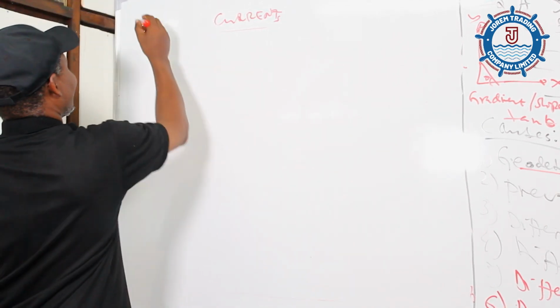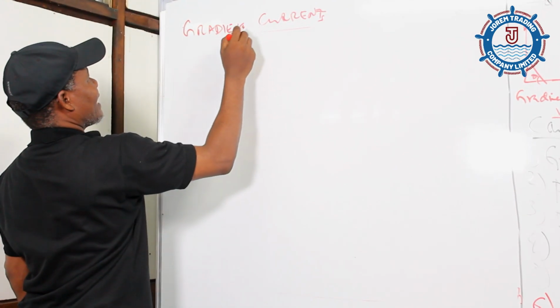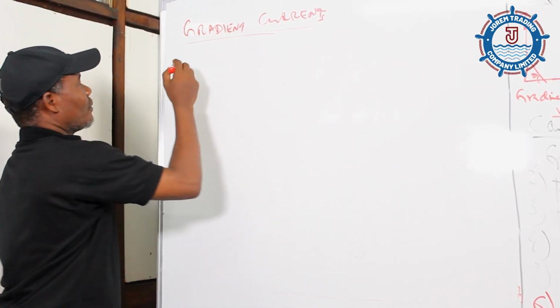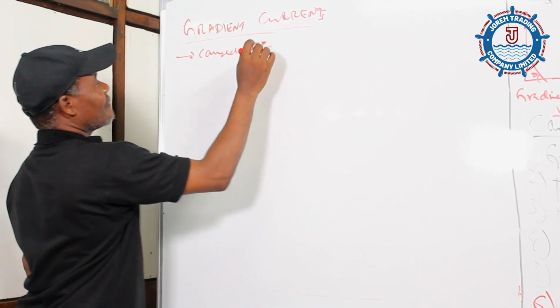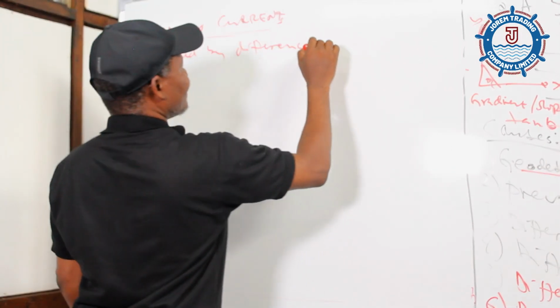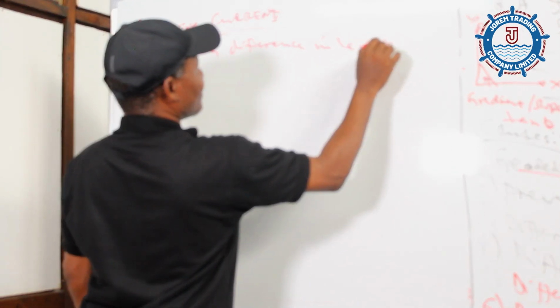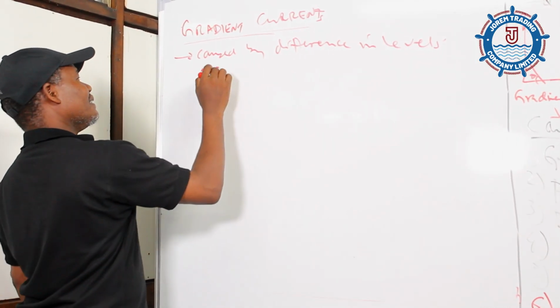So we say gradient current. So these ones are caused by difference in levels. Could be natural slopes.